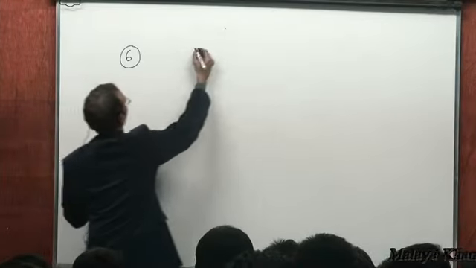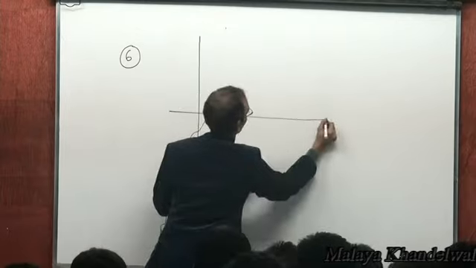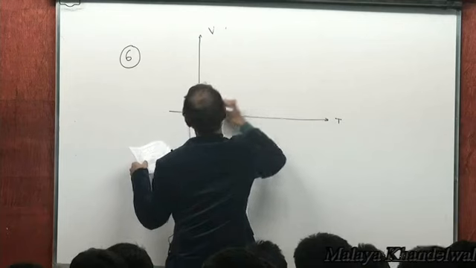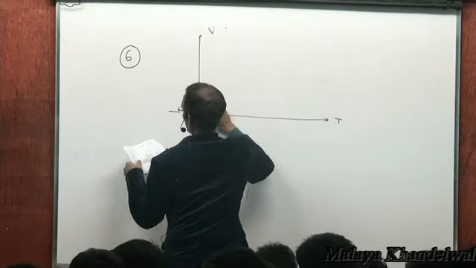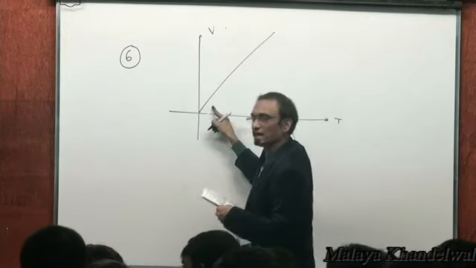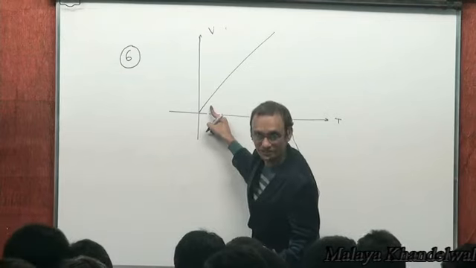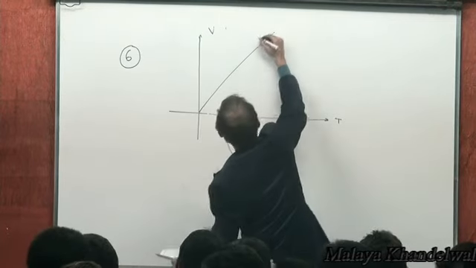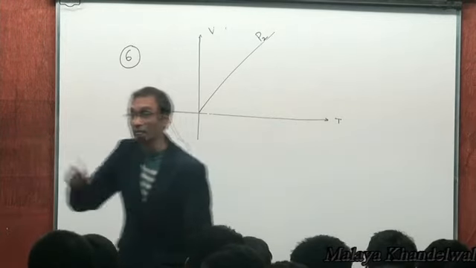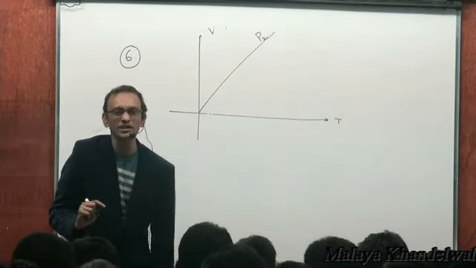Now, VT diagram. There is a line V versus T. If V versus T is a straight line passing through the origin, pressure must be constant. Let's say this line represents pressure P2. It must represent a constant pressure process.